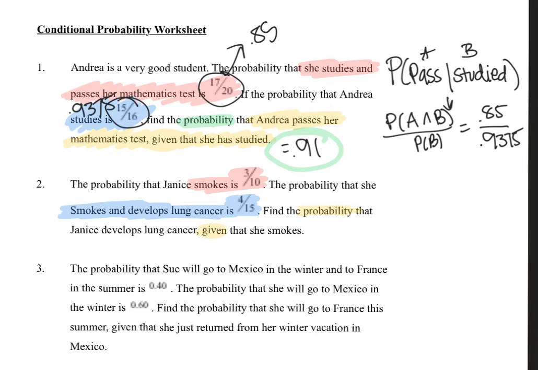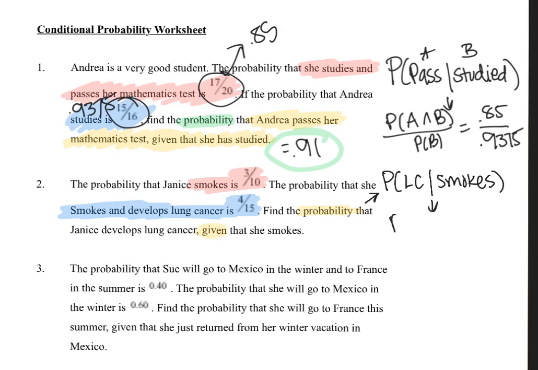Okay, so I'm going to set this up the same way. The probability that she has lung cancer given that she smokes. All I did was write my sentence as a probability statement, okay?